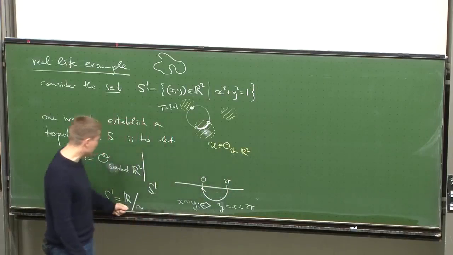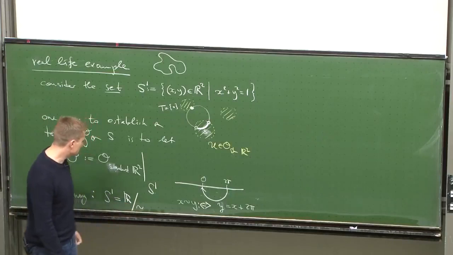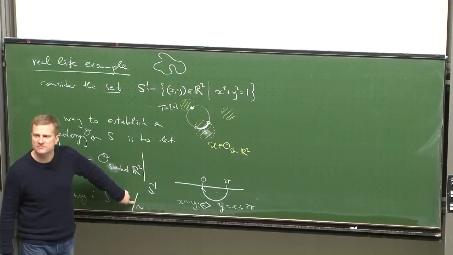So this way you get the circle as a quotient space, and you can then study how you inherit a topology on this quotient space.